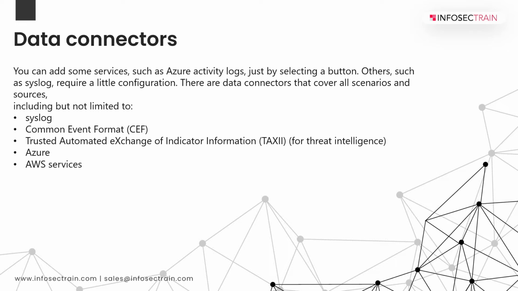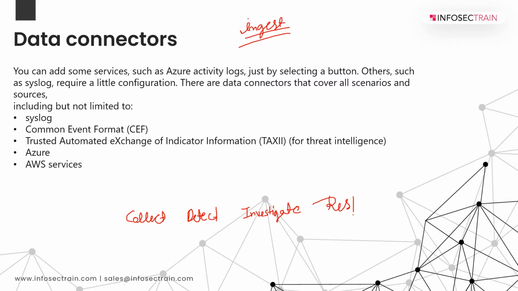First, think about what kind of logs you want to collect, what kind of logs you want to ingest into Sentinel. The first task is to collect. There are four pillars that run there: collect, detect, investigate, and respond.